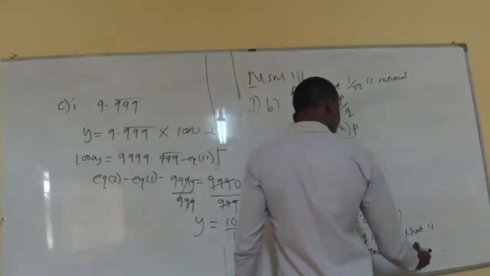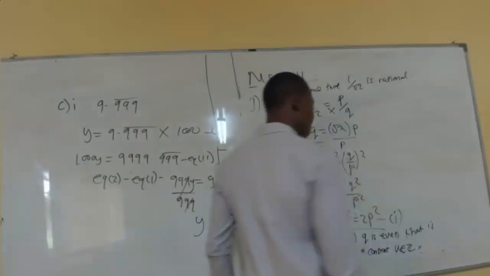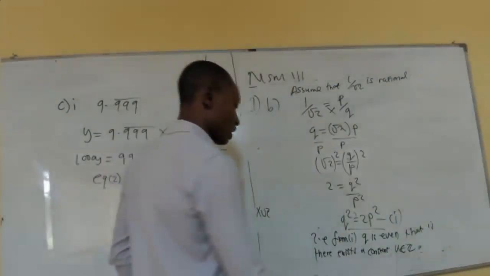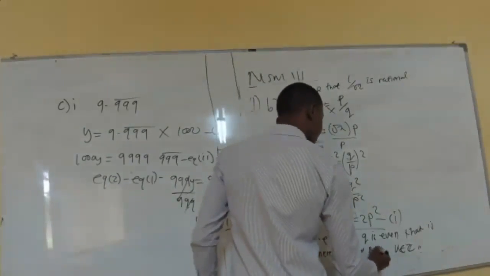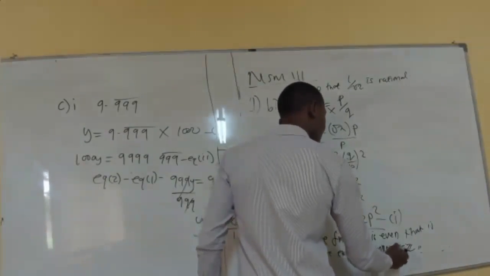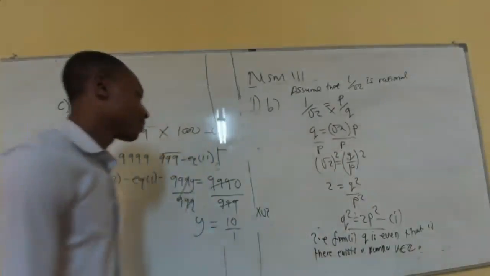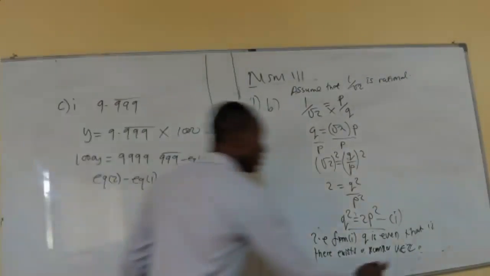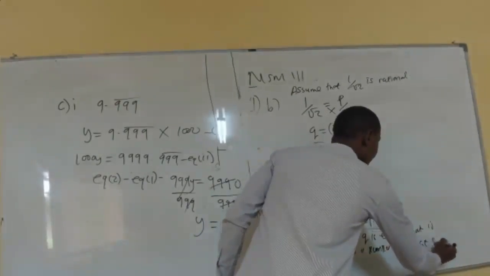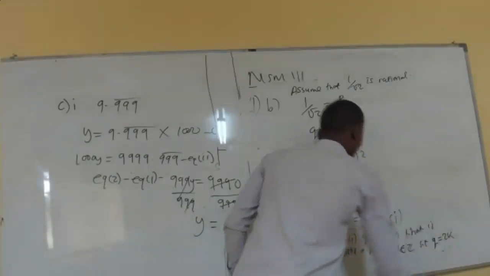So there exists an integer k, or let's say a number k, which is an integer such that q is equal to 2 times k.